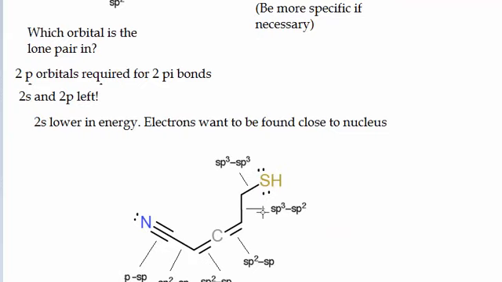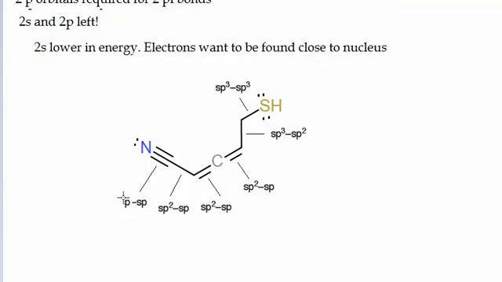So this sigma bond consists of the sp3 orbital from this carbon and the sp2 orbital from this carbon. Similarly, since this was sp3 hybridized and this was sp3 hybridized, this sigma bond is the combination of an sp3 orbital from this carbon and an sp3 orbital from this sulfur.